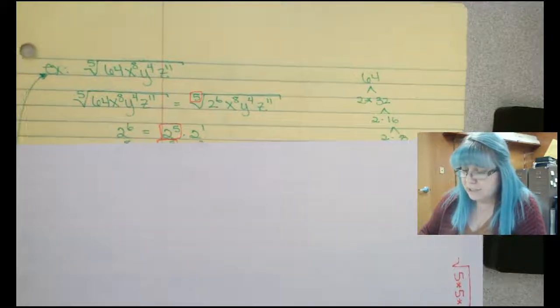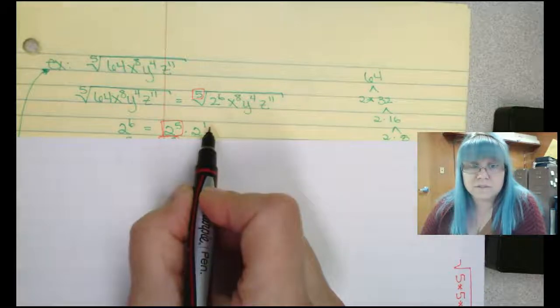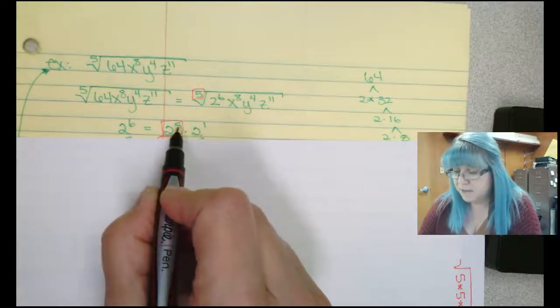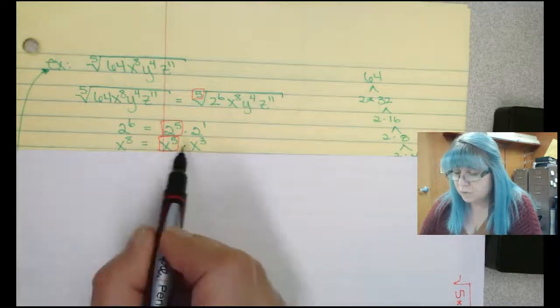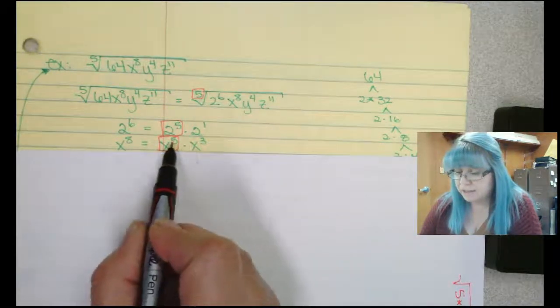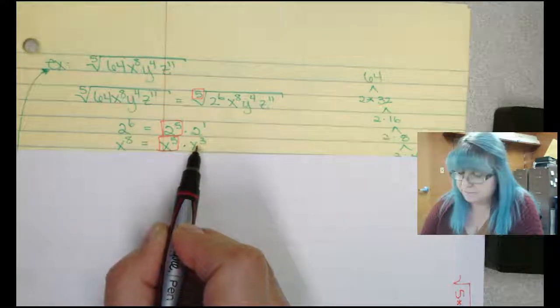2 to the 6th, I can write as 2 to the 5th times 2 to the 1st, because 5 plus 1 equals 6. X to the 8th, I can write as x to the 5th times x cubed, because 5 plus 3 equals 8.